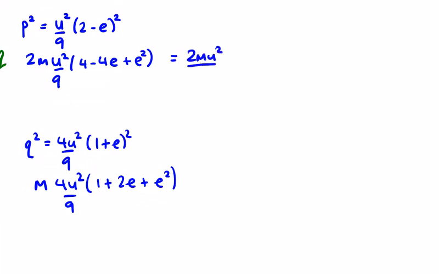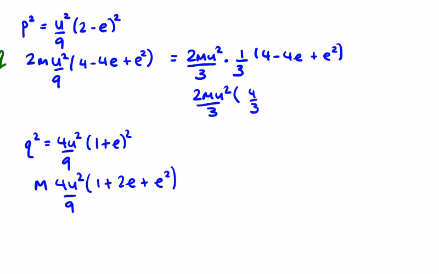2mu squared over 3. That would leave, I'd have to multiply that by 1 over 3 to get 2mu squared over 9. And then I have the 4 minus 4e plus e squared. So I'm going to have 2mu squared over 3 times 4 over 3 minus 4e over 3 plus e squared over 3.